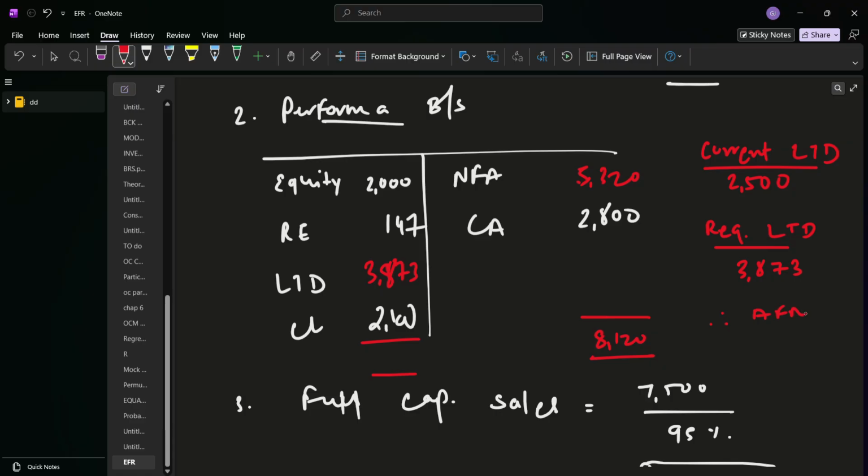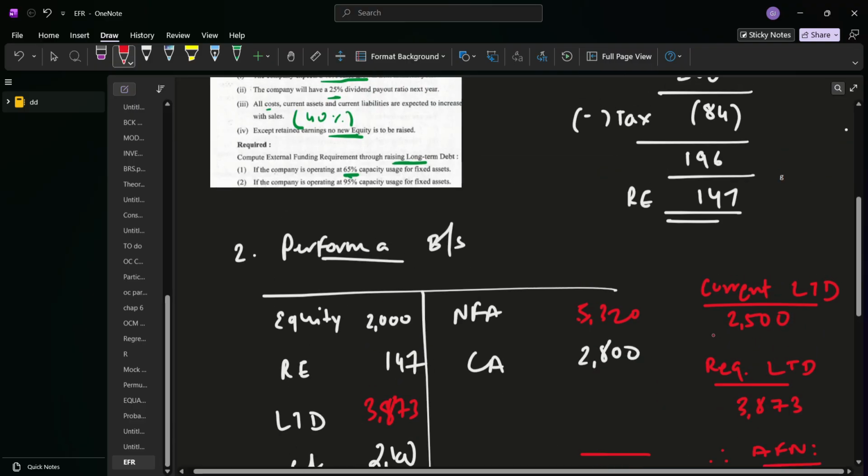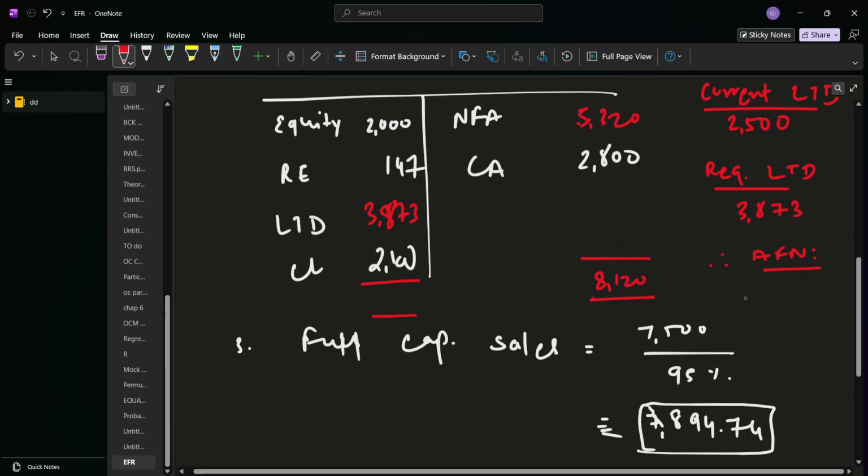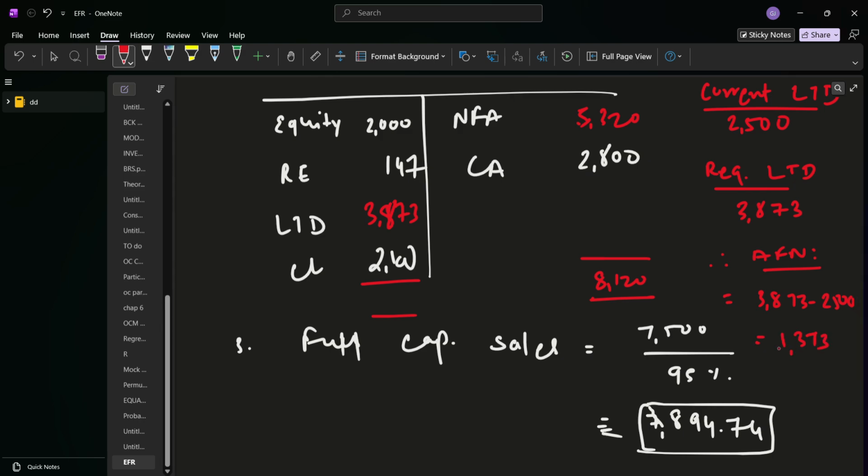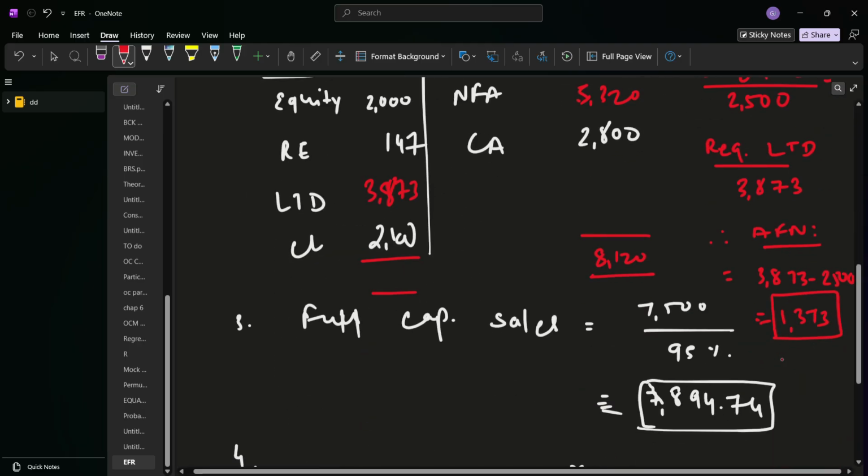Therefore, the additional funds needed or required to raise through long-term debt is 3,873 minus 2,500. Right? That will be approximately 1,373. So in this case, we are required to raise that through long-term debt to support this additional growth.